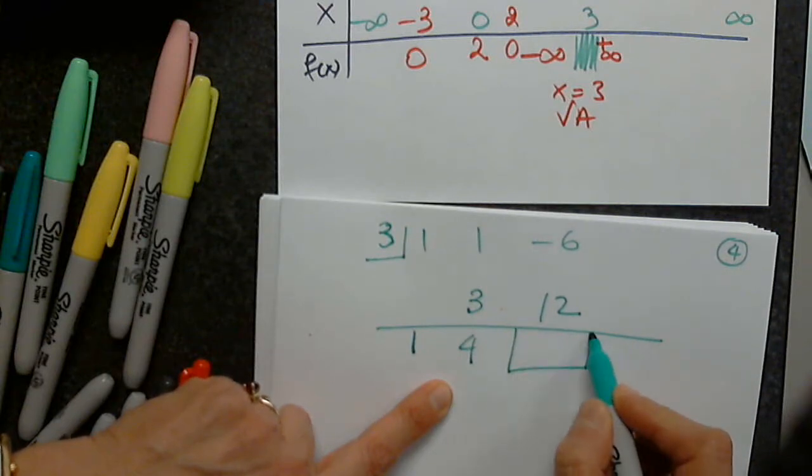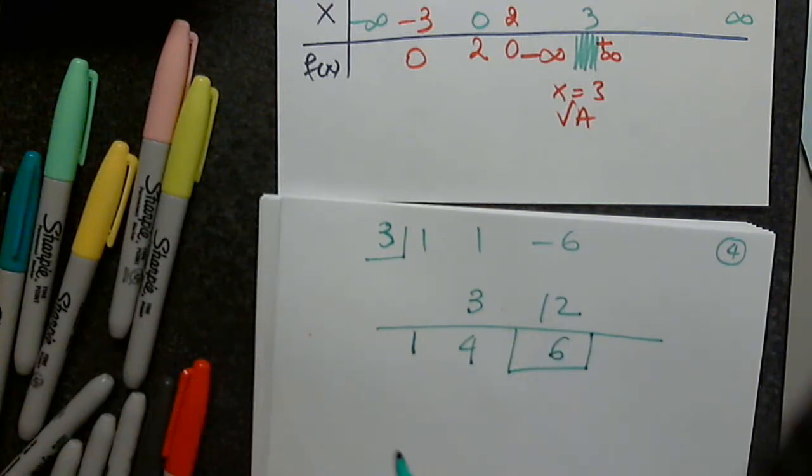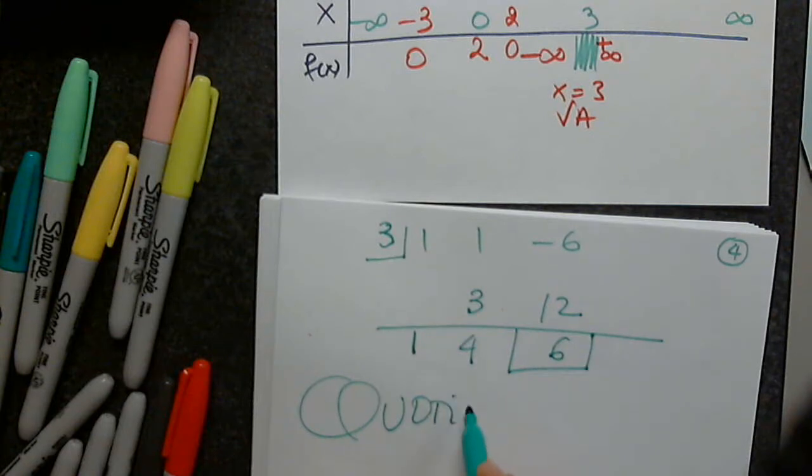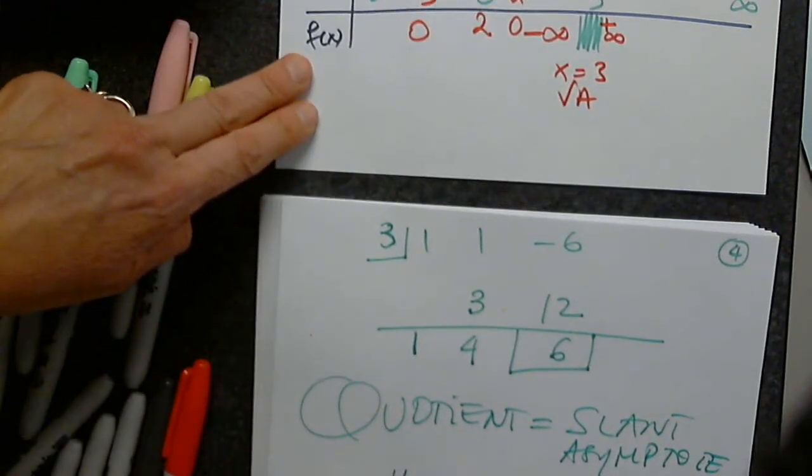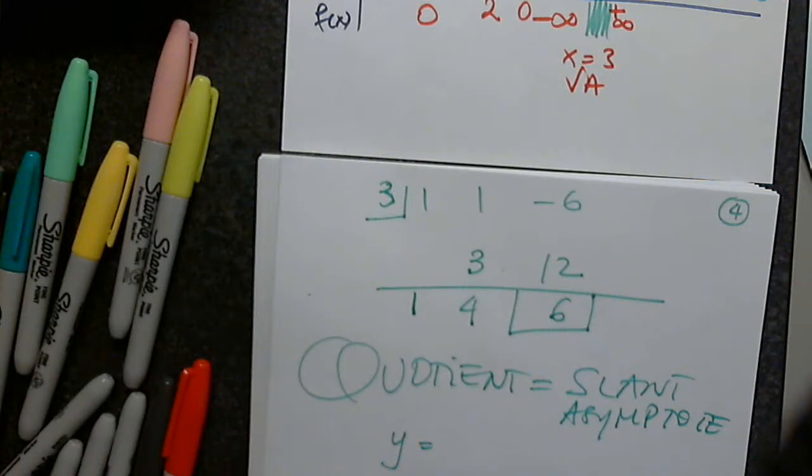What goes in the box? 6. But I only want the quotient. Quotient equals slant asymptote. So y equals, what is the quotient? Say it again. That's it.